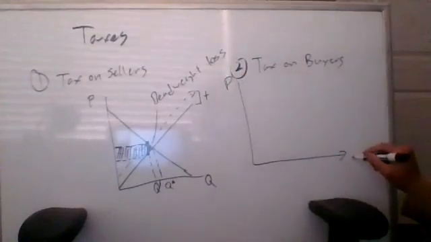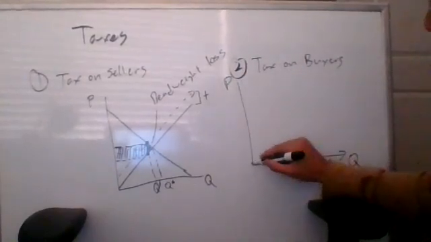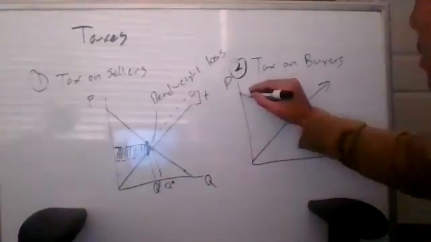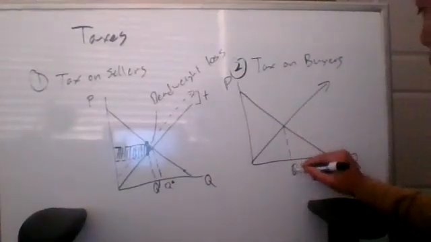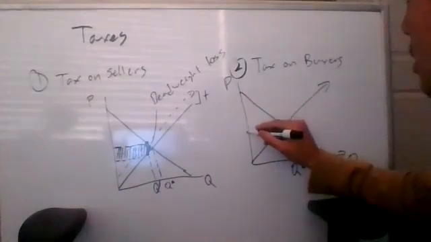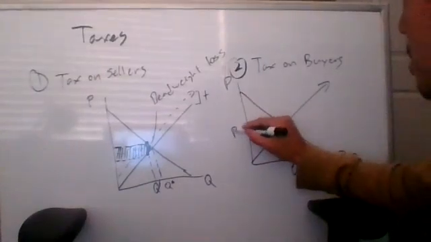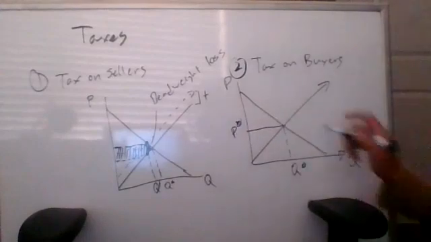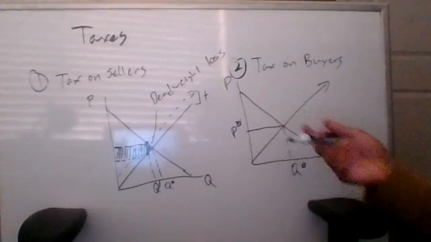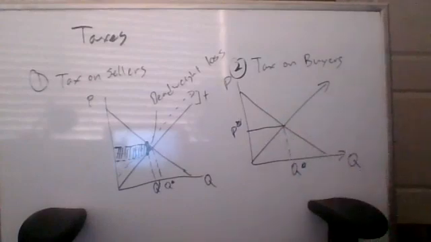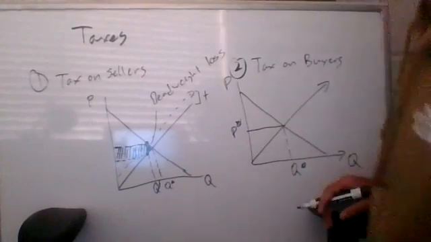We have P and Q, supply curve and demand curve. This is Q star, this is P star. This is our starting consumer surplus, and this is our starting producer surplus. There's no tax revenue and no deadweight loss yet.